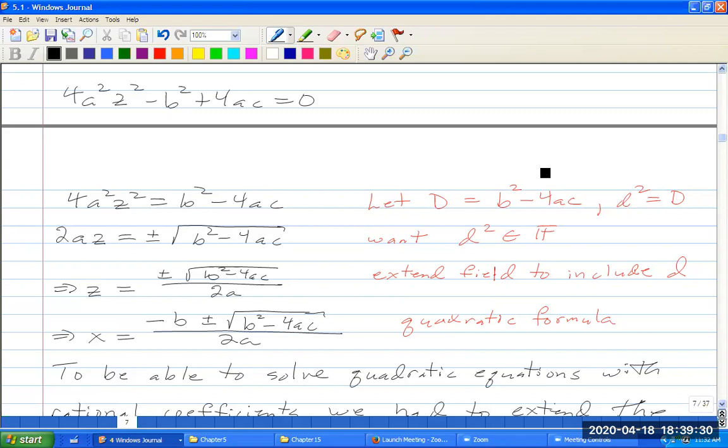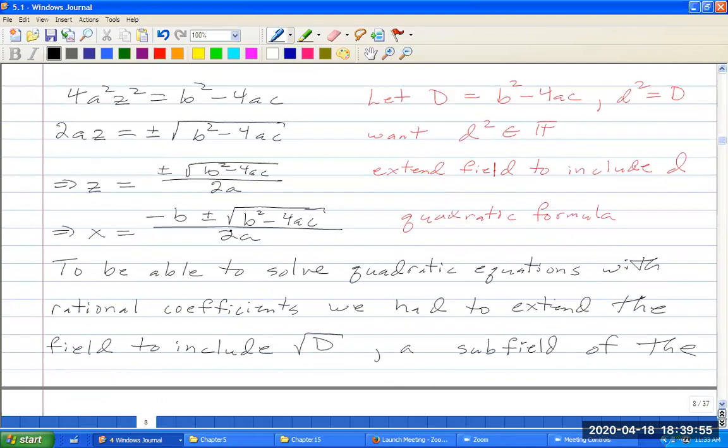Note that we want the square root of d to be in your field. But if it's not, then we have to extend our field so that this object is in our field.